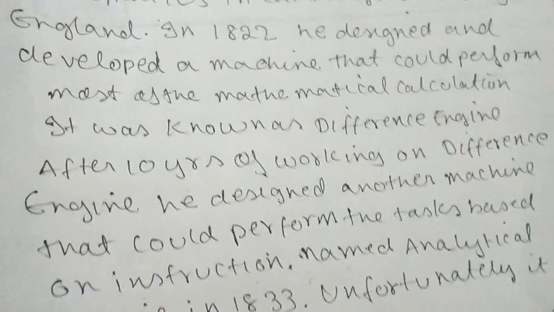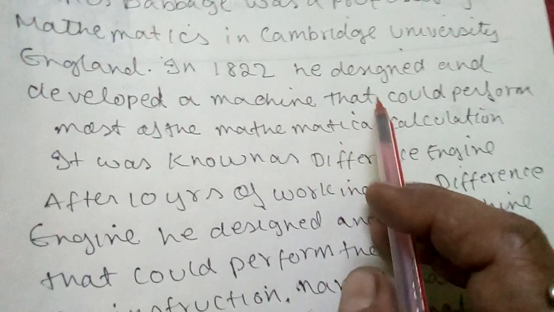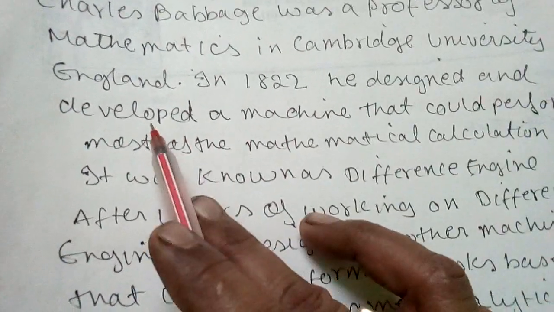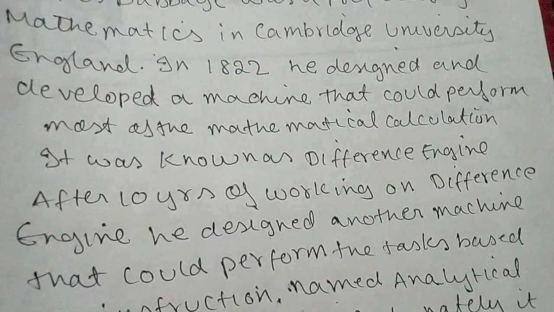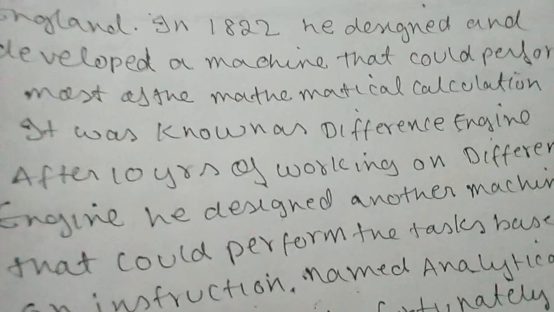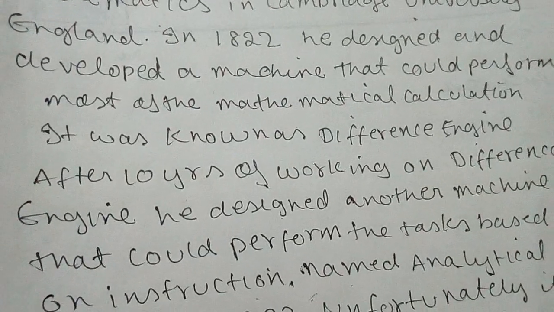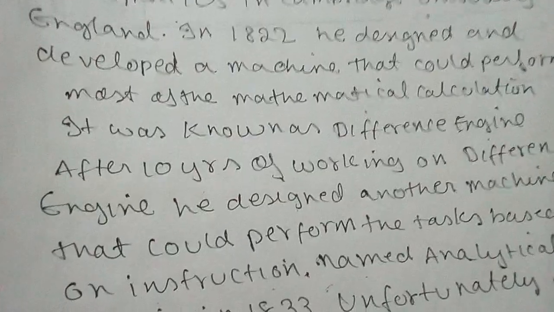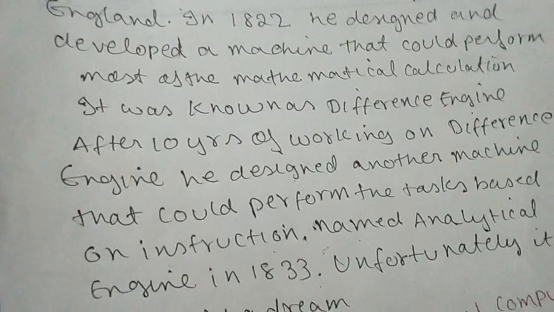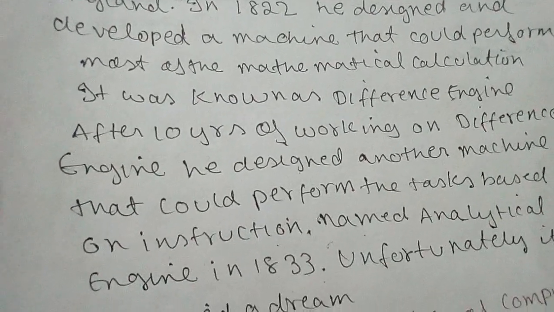In the year 1822, he designed and developed a machine that could perform most of the mathematical calculations. It was known as difference engine. That means it can perform addition, subtraction, division, multiplication, etc.